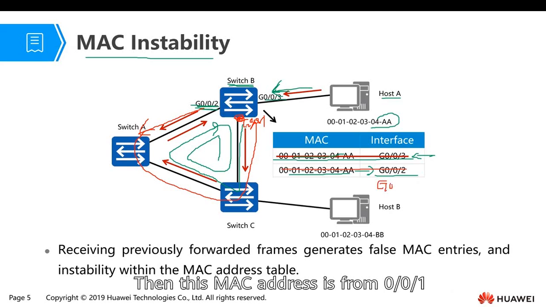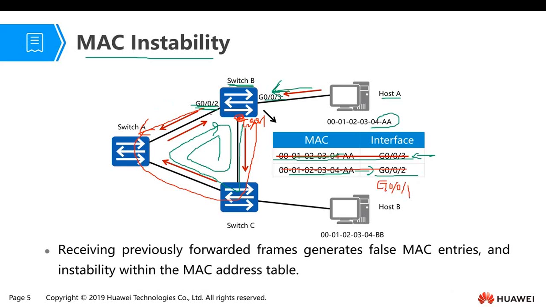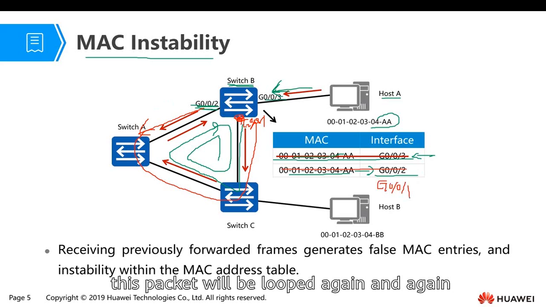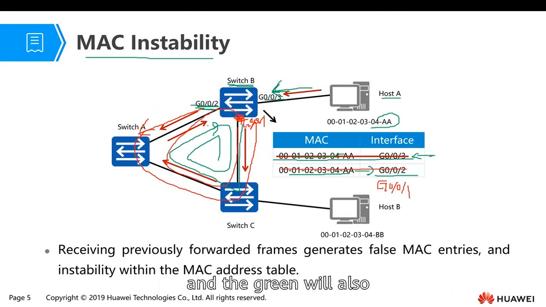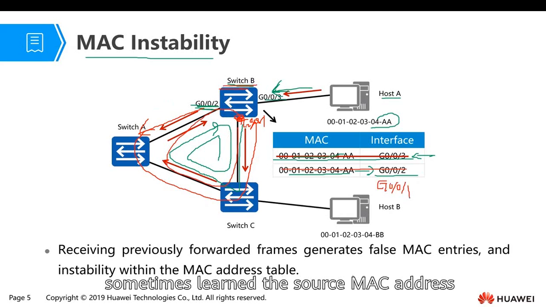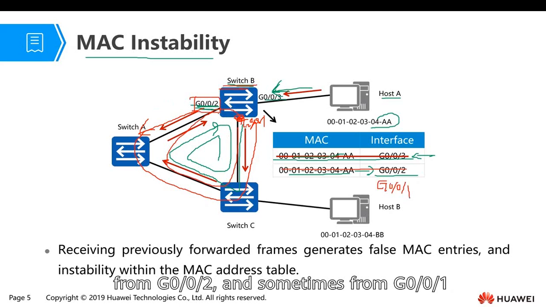Then this MAC address is from G0/0/1. But as we know from the broadcast storm, this packet loops again and again, and the clockwise one also loops again and again. So switch B sometimes learns the source MAC address from G0/0/2 and sometimes from G0/0/1.